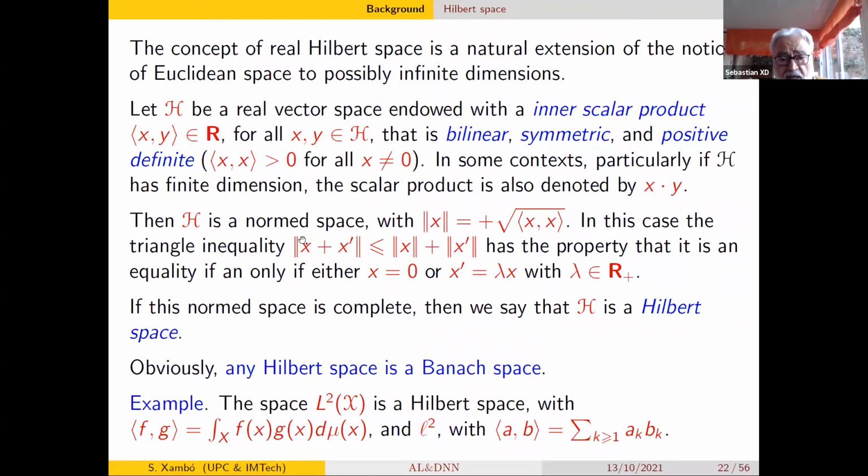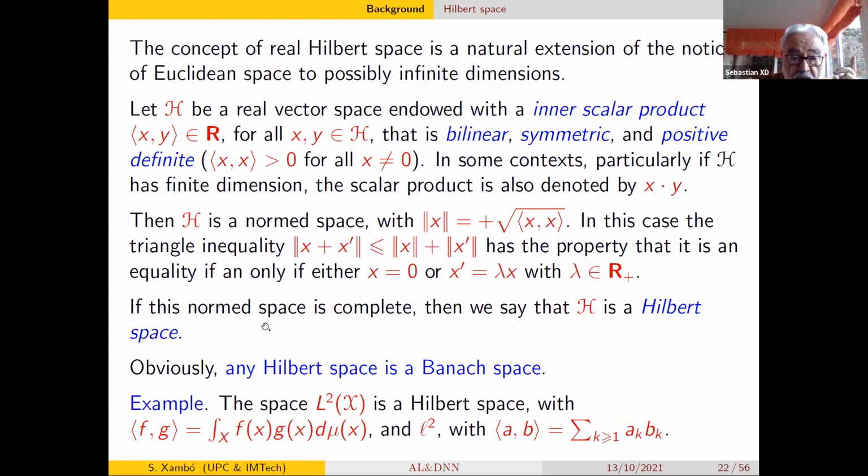In this case, the triangle inequality has an additional property, that it is an equality only if either x is 0 or x prime is a positive scalar multiple of x. This actually is a consequence of the way you prove this for this positive space.